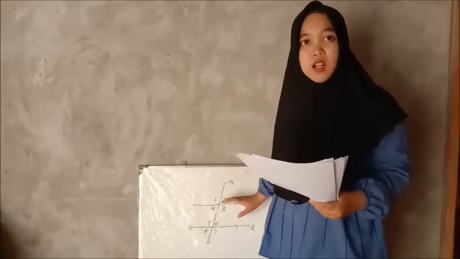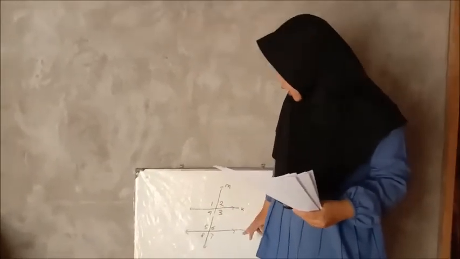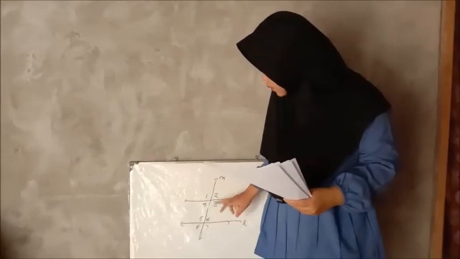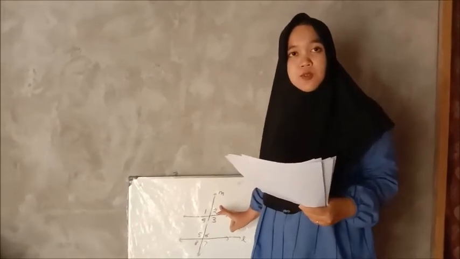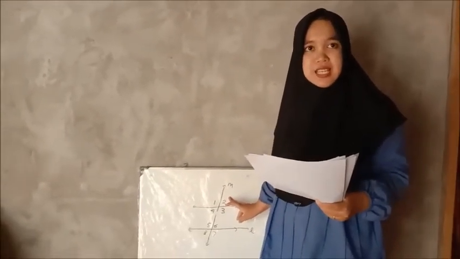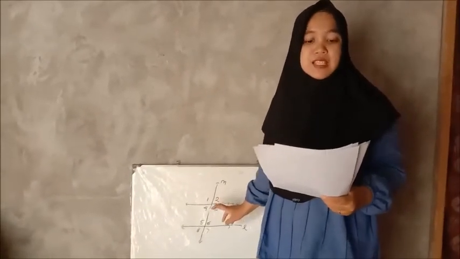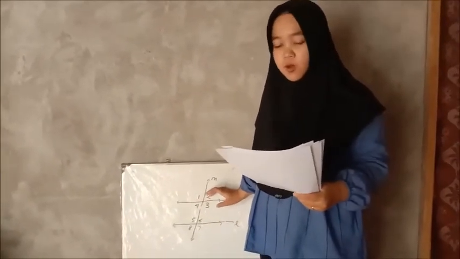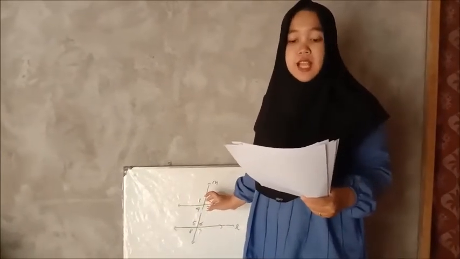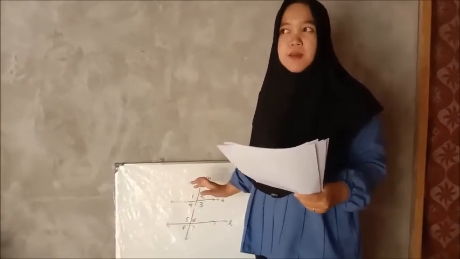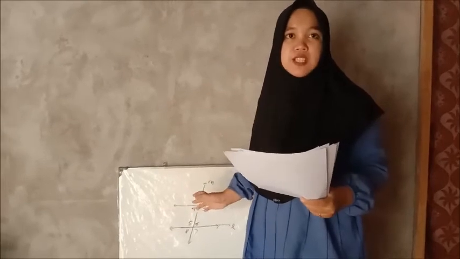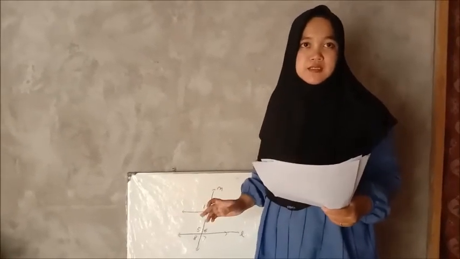From that, we can also say that 7 plus 2 will be equal to 180. So the conclusion is that for supplementary exterior angles, the sum of the angles will be 180.